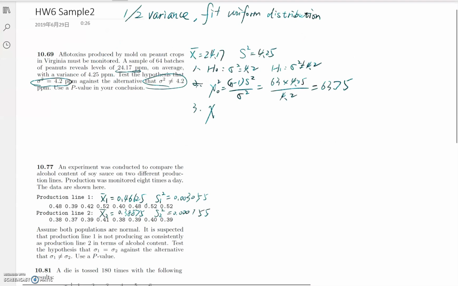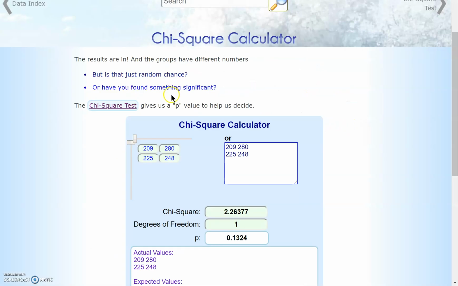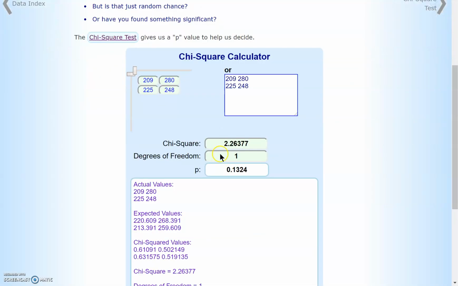Oh, we need to use the p-value in my conclusion, so we can just get this p-value. The p-value equals 2 times the probability that chi-square is greater than x0 squared, because it's two-sided, so there is a factor of 2. We use a calculator for chi-square.